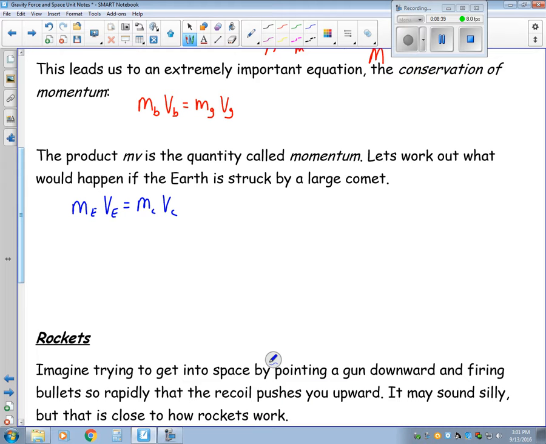So what I would want to know is, what's the velocity of the Earth? Well, that would be this right here. A typical comet has a mass of around 10 to the 19th kilograms. They move at right around 30 kilometers per second, so that's 30,000 meters per second.